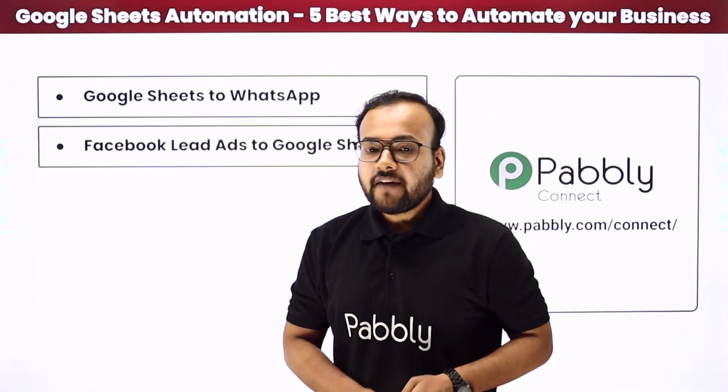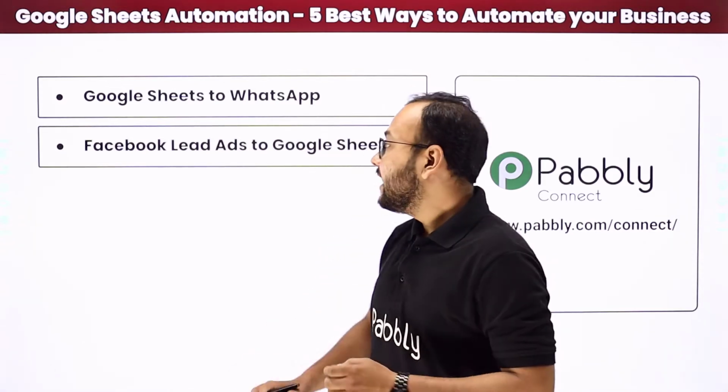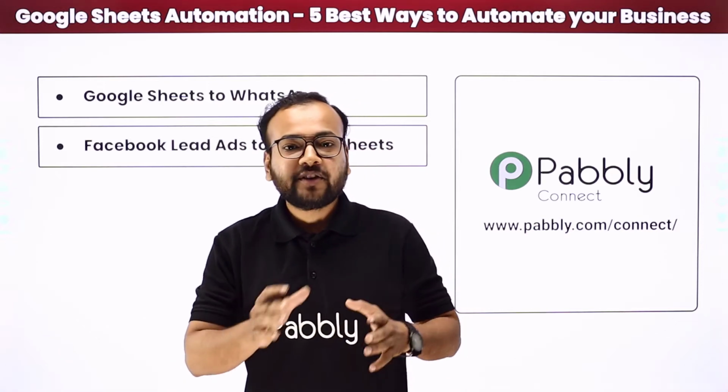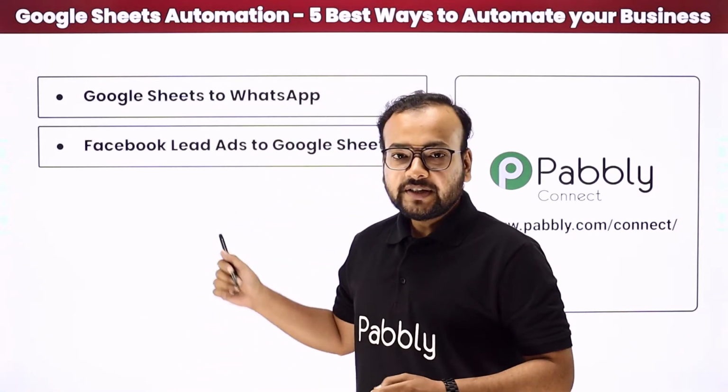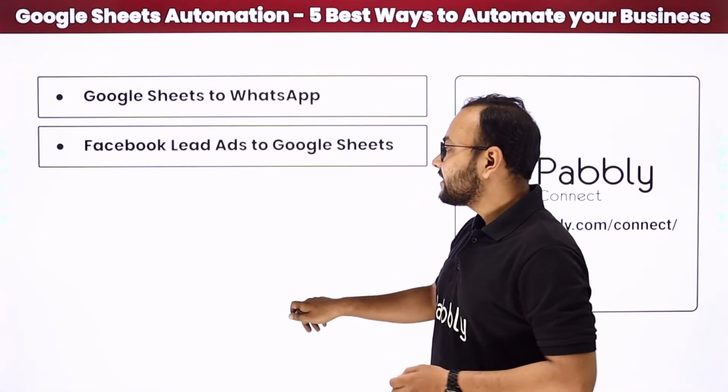So guys, you do not have to manually sort out the details of your leads, and you do not have to manually add the data here. It will happen automatically and it will save your time. And we have a video on this. Do watch it from the description. Let's see what we have next.